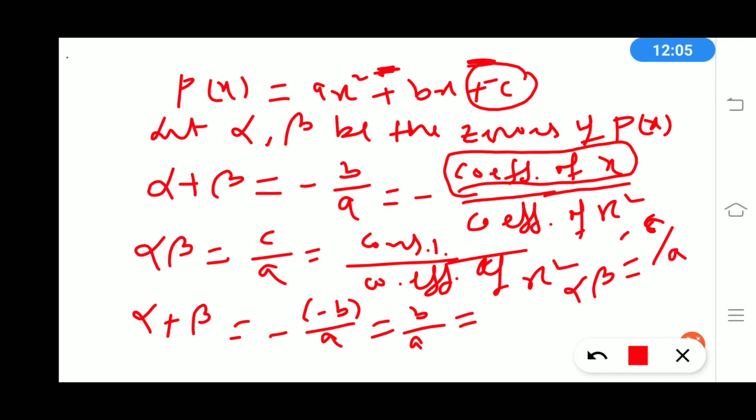Clear? Okay students, remember it. Clear? If the polynomial changes, then the sum of the zeros will also change. Similarly the product of the zeros will also change. Clear?